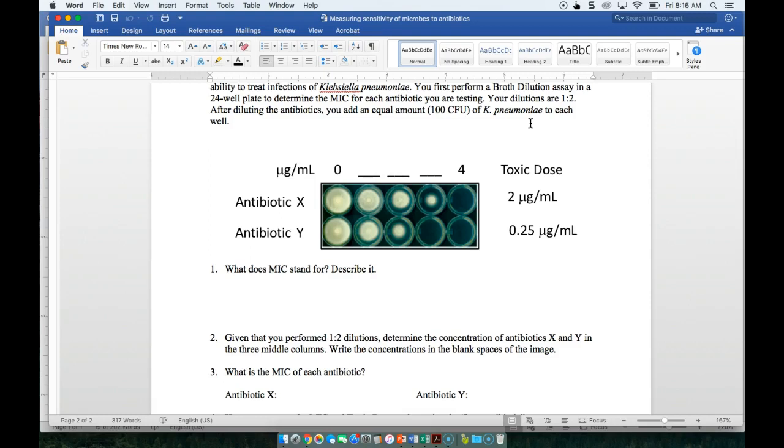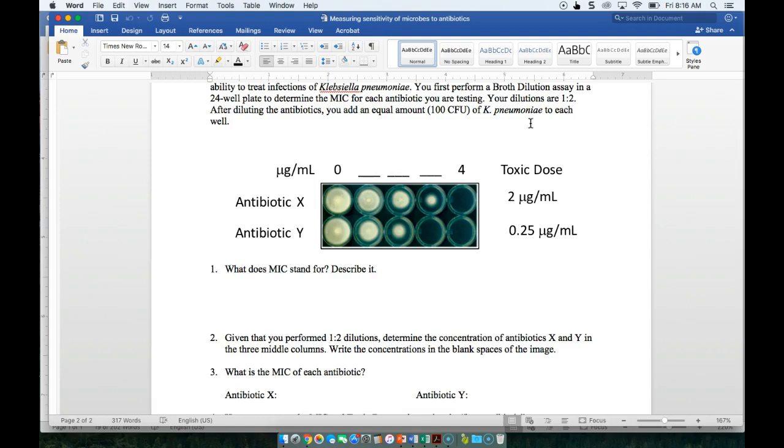So we would take basically 5 new wells and add into each of them just media, LB. And ask, in 24 hours, do we observe growth? If we do, the cells were originally inhibited, but the concentration of the antibiotic isn't high enough to actually result in the death of those cells to be considered bactericidal.